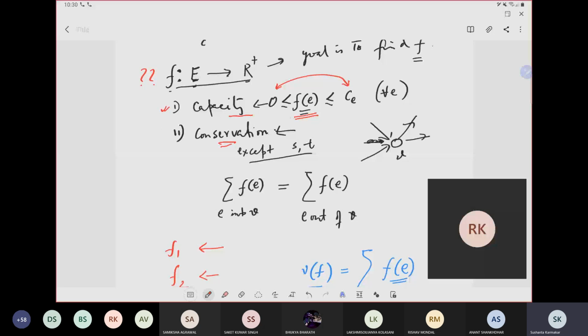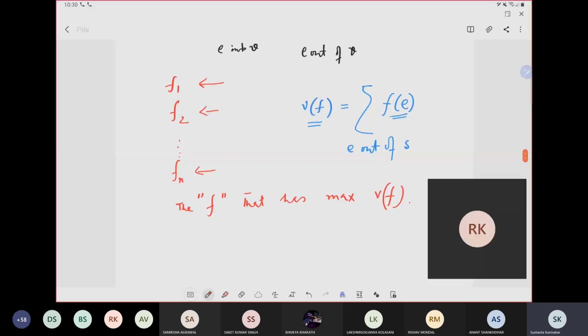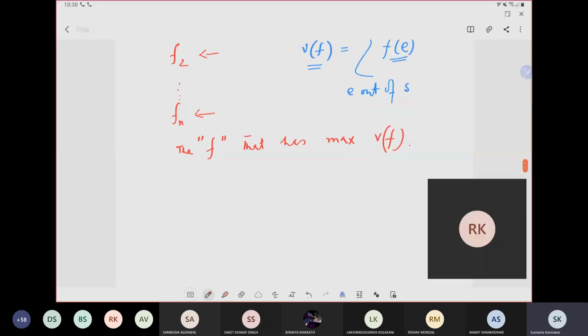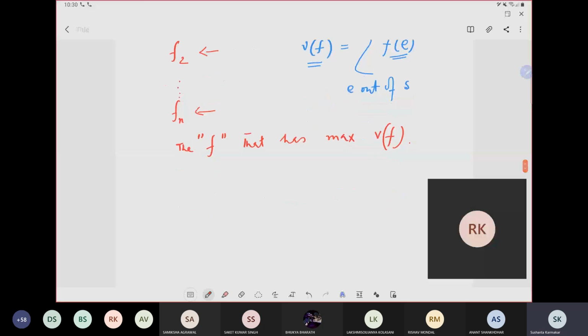But I'm interested in that f where this Vf is actually maximum. Okay, so this is known as the maximum flow problem.